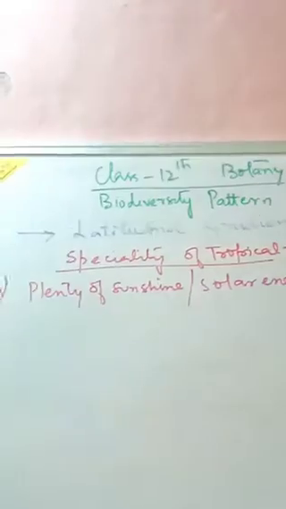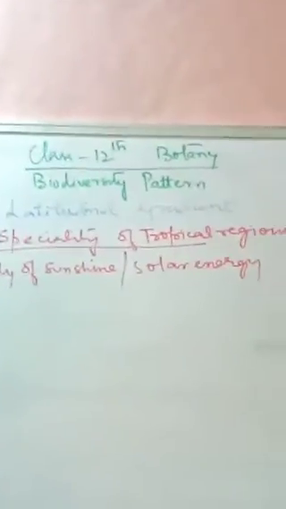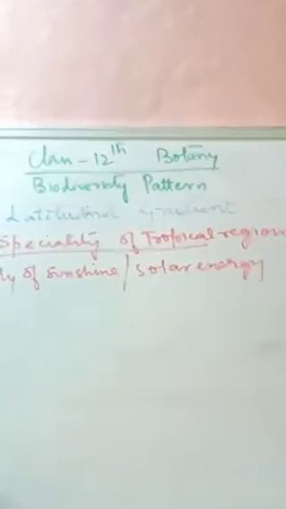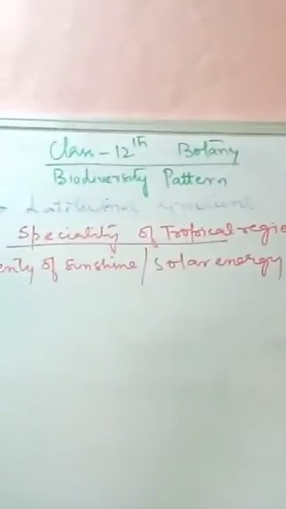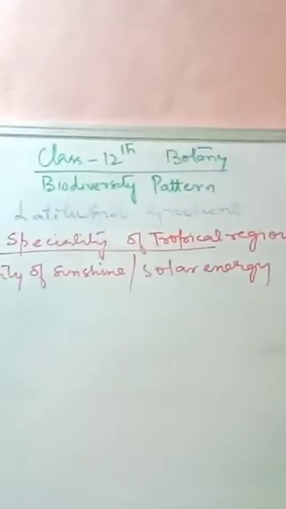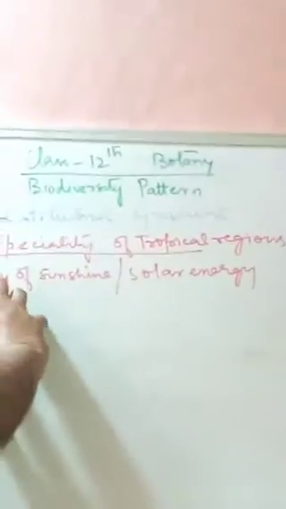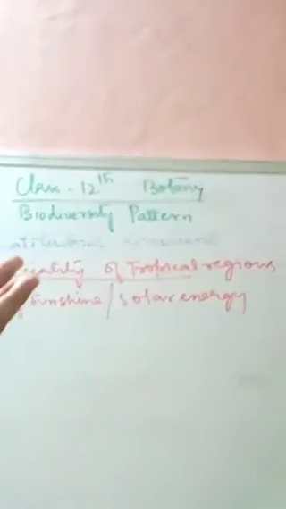In tropical regions, days and nights are almost the same duration, and the duration of days and nights remains the same throughout the year. So there is plenty of solar energy, plenty of sunshine available to the organisms.